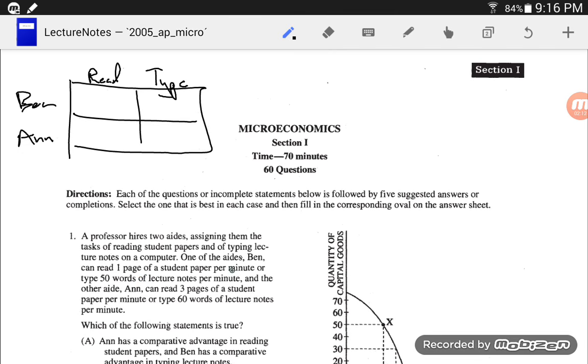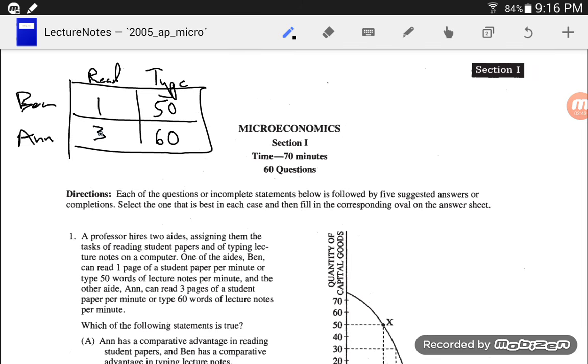If they had said they can read 1 page per minute, that means they produce 1 page per minute. If it had said it takes them 3 minutes to produce a page, then I'd arbitrarily choose a number of minutes, and say, okay, in half an hour he can read 10 pages. But this one does tell me exactly how much they can produce. So he can read 1 or type 50, and Anne can read 3 or type 60.